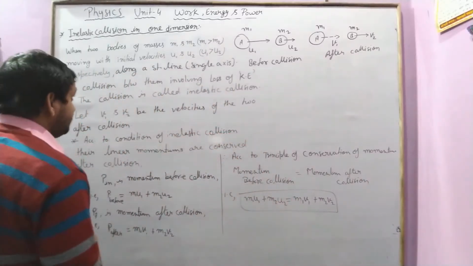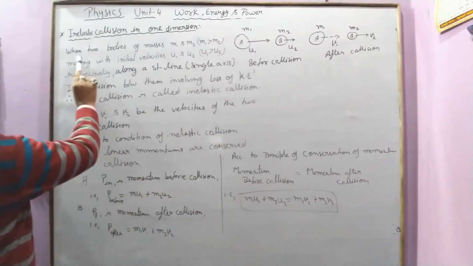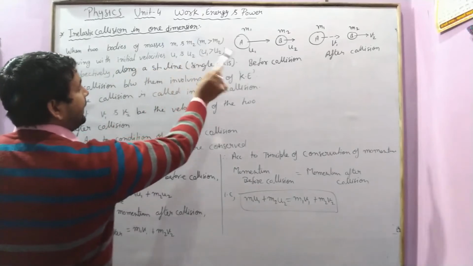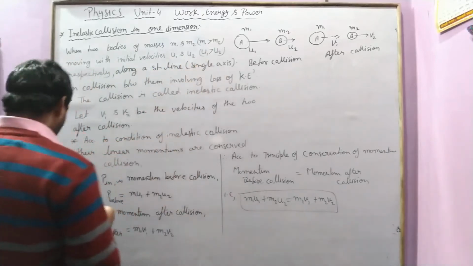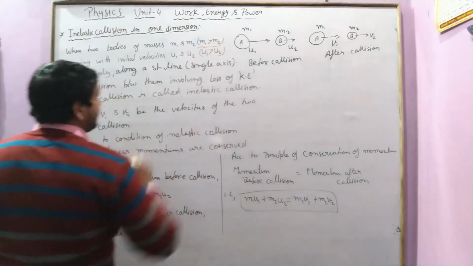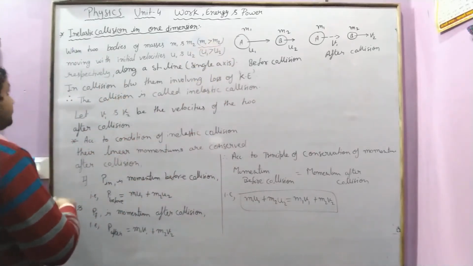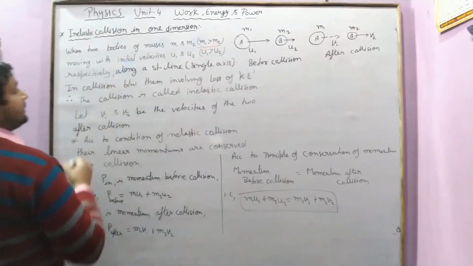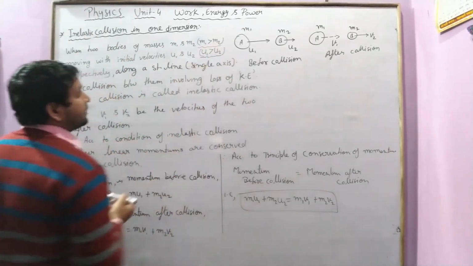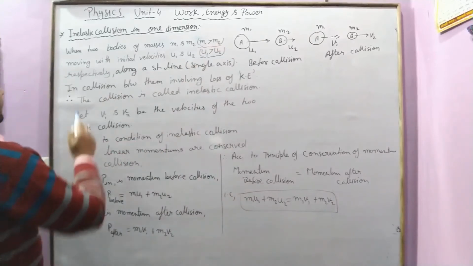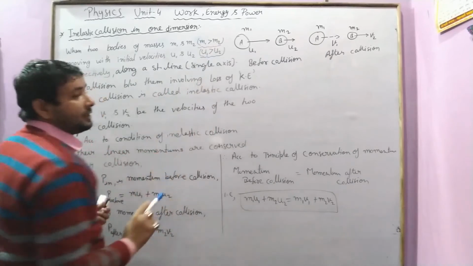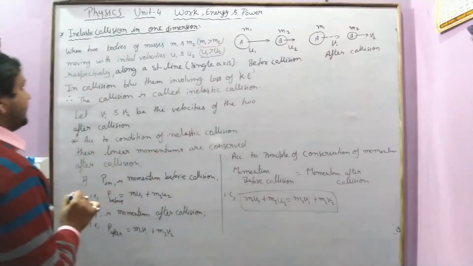Now we have two bodies of masses m1 and m2, that is m1 is greater than m2, moving with initial velocities u1 and u2, that is u1 is greater than u2 respectively, along a straight line, or we say a single axis or one dimension.